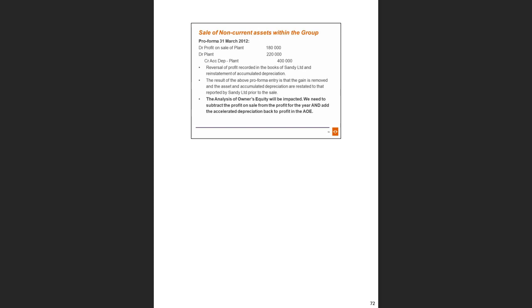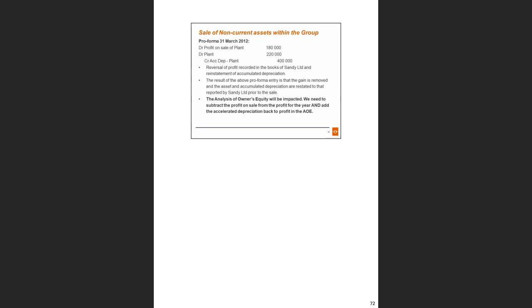So we need to debit profit on sale of plant. So there was the reversal of profit recorded in the books of Sandy and the reinstatement of accumulated depreciation. Previously Sandy recorded a profit on the sale of plant. Now we are reversing that in Sandy's books.